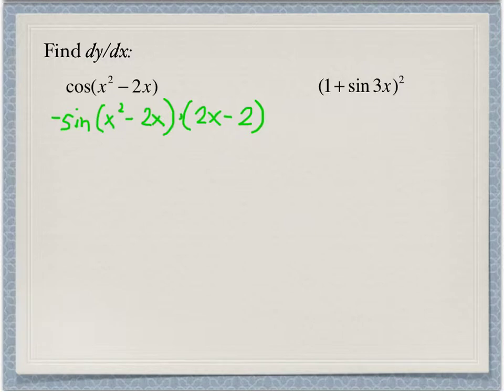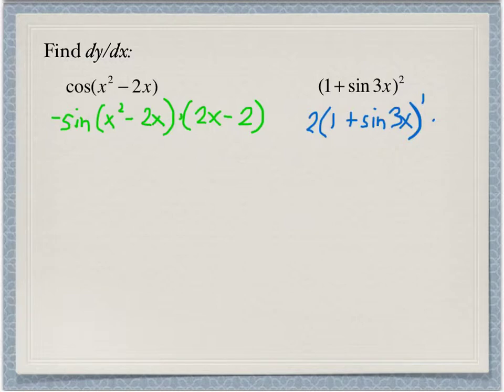Alright, let's take a look at the next example. For the derivative of this, the outside part, we could think of as something squared. So I'm going to use that exponent, 2 times 1 plus the sine of 3x, and then my power goes down to the first power. That's the outer part, and then I want to multiply that by the derivative of the inside.